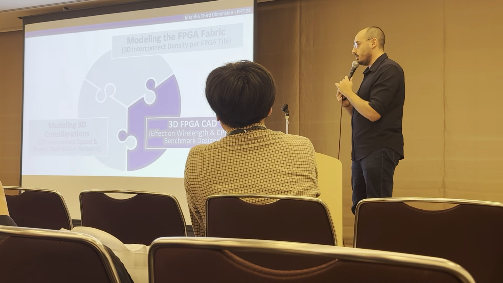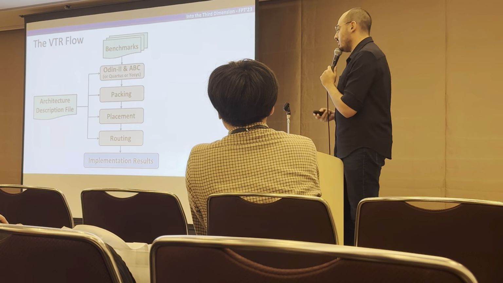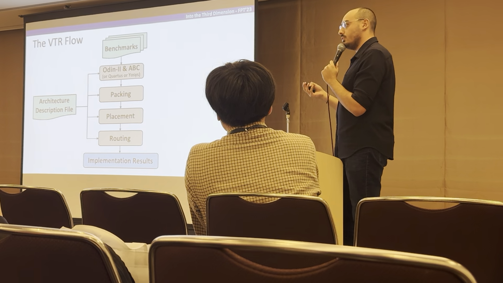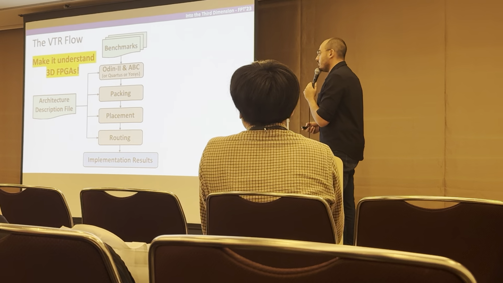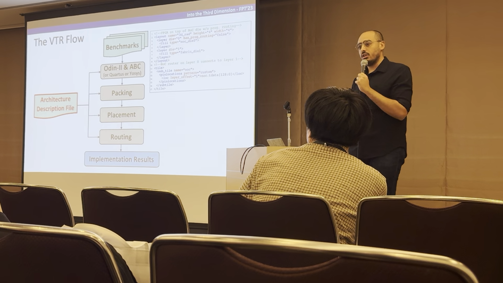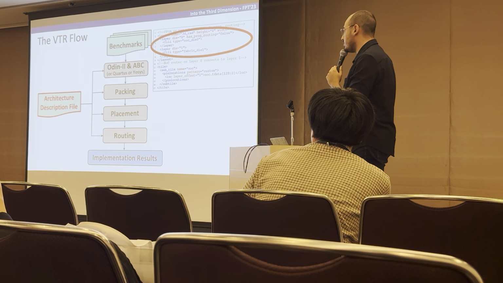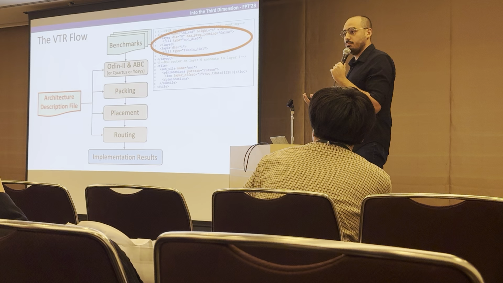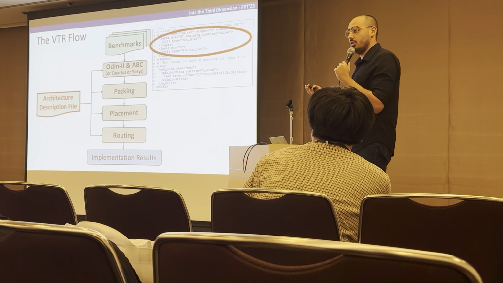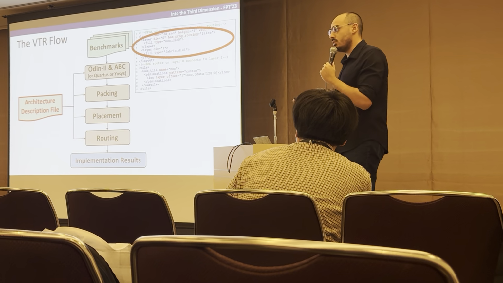And then the final piece of the puzzle is the FPGA CAD tools, but in 3D. We built on top of the open source, widely used VTR flow to make it understand 3D FPGAs. This involves extending the architecture description language of VPR, so now users can specify devices that have multiple layers, and those layers can be conventional FPGAs or layers that have other hard blocks or networks on chip and so on.